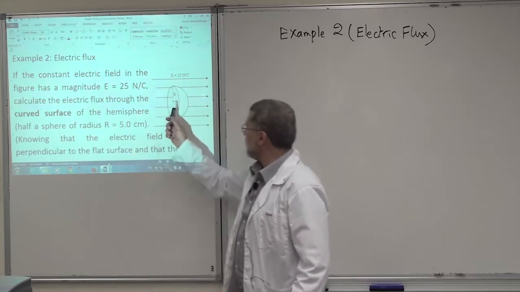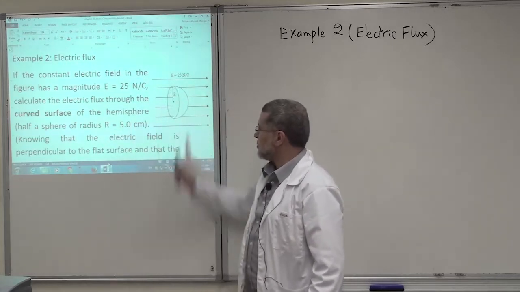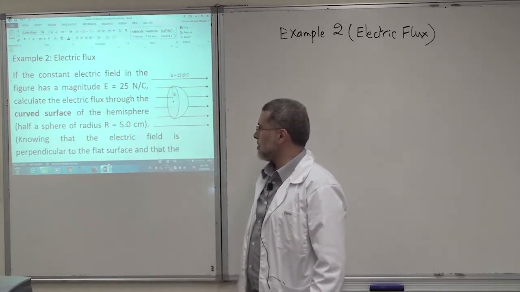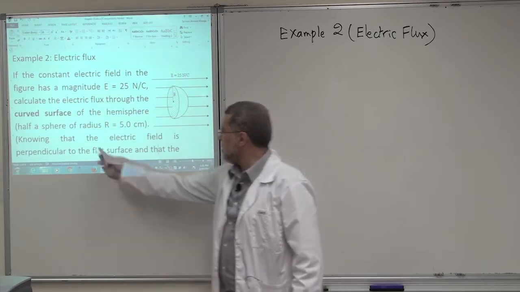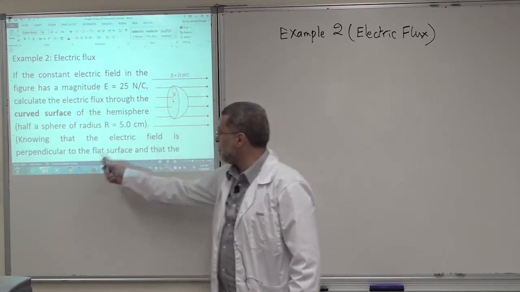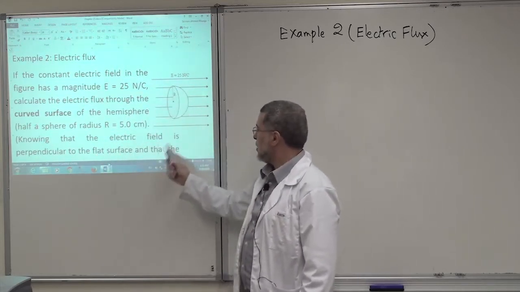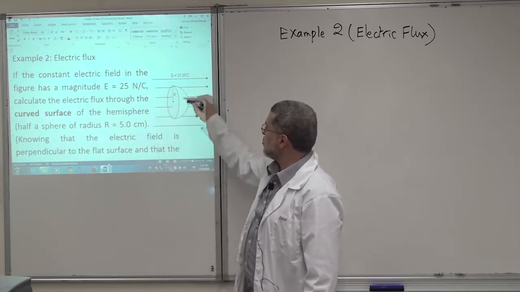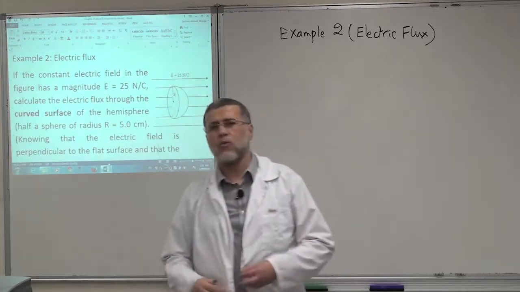He gave you the radius of this flat surface, 5 centimeters, knowing that the electric field is perpendicular to that surface, and there's no charge inside the hemisphere.